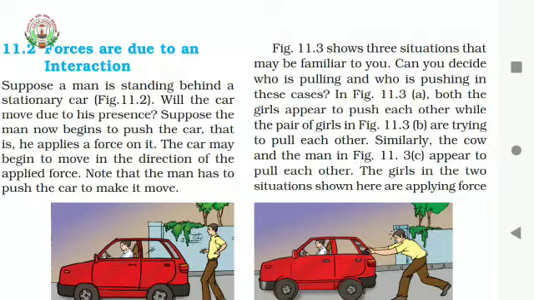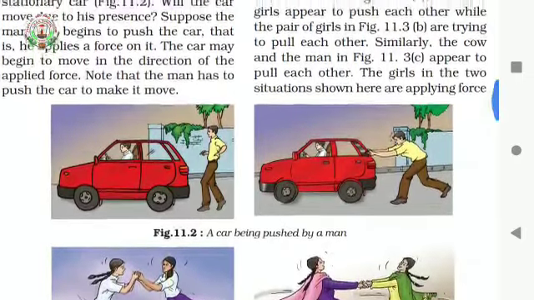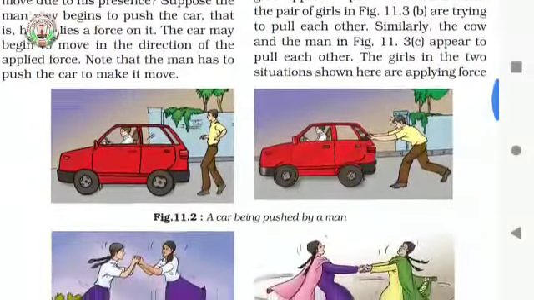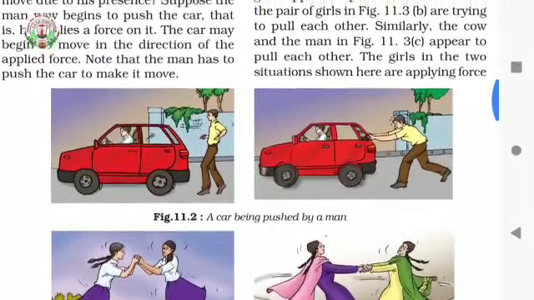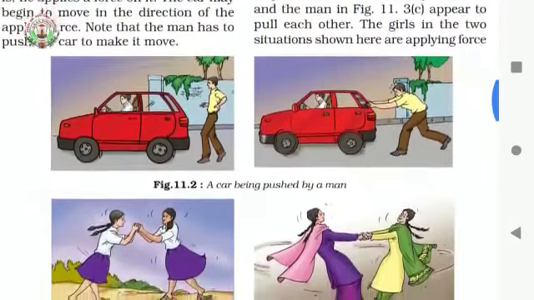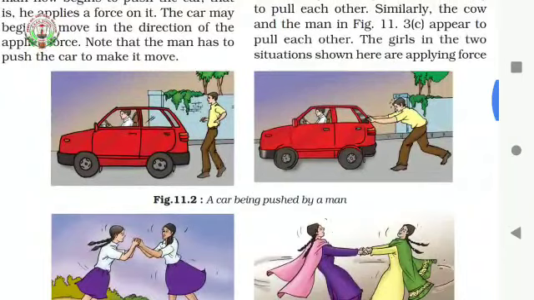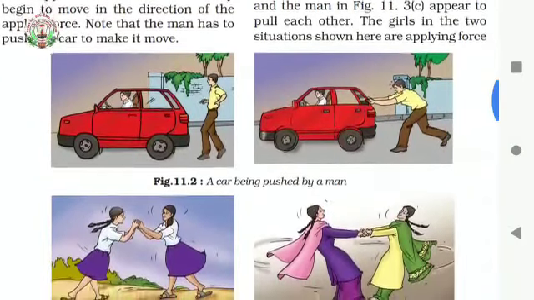In 11.3a, both the girls appear to push each other, while in figure number B, they are trying to pull each other. Similarly, in figure number C, the man and the cow appear to pull each other.